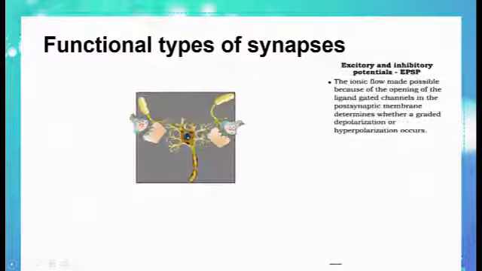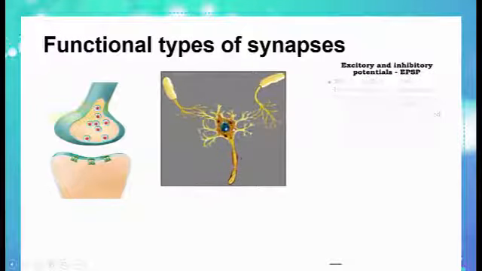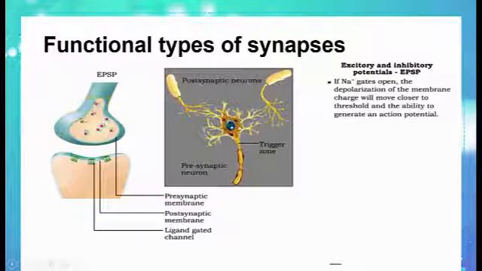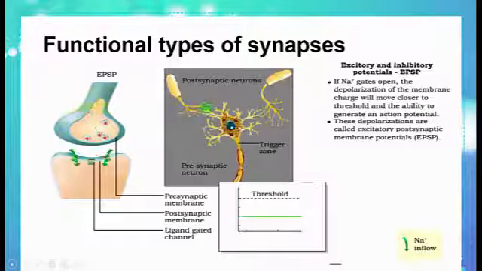The neurotransmitters bind to specific ligand-gated ion channels in the postsynaptic membrane. A graded depolarization or hyperpolarization will occur, depending upon which channels open to ionic flow. Depolarizations, the result of sodium gates opening, stimulate the generation of action potentials.